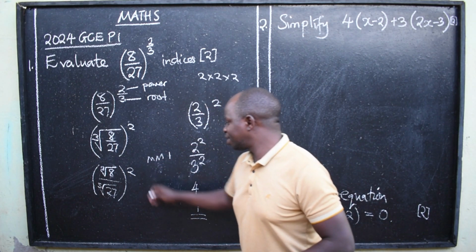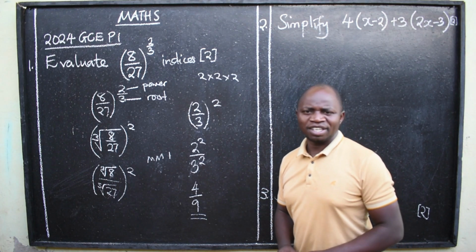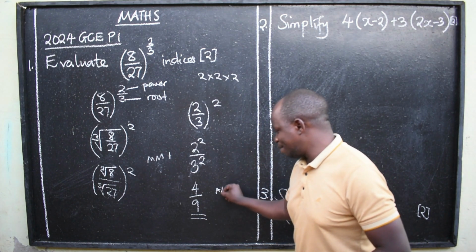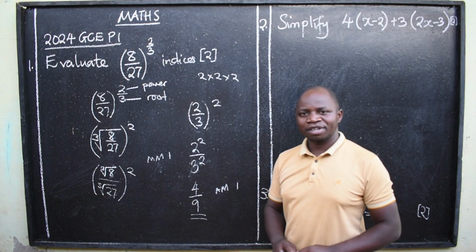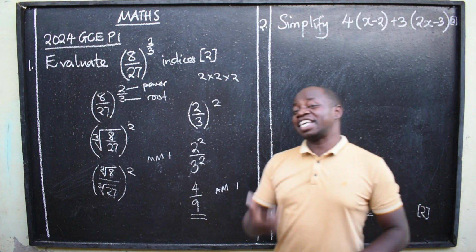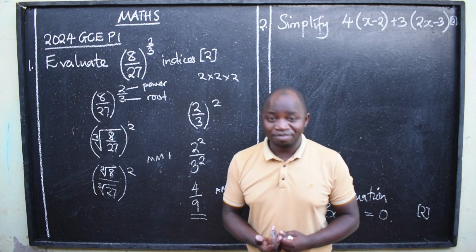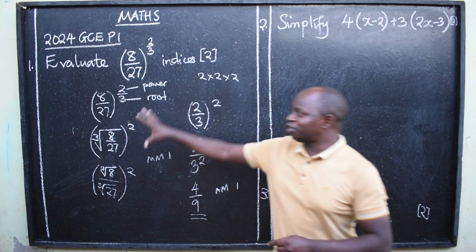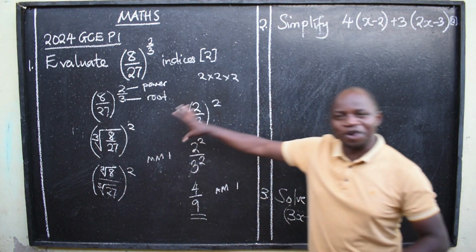So 1. For the answer here, we are going to give you a mark as well, which is called the answer mark. 1, you get your 2 marks, just like that. Omission of essential working will result in loss of marks. You should take note of that. So whenever you are doing your calculations, show your work.